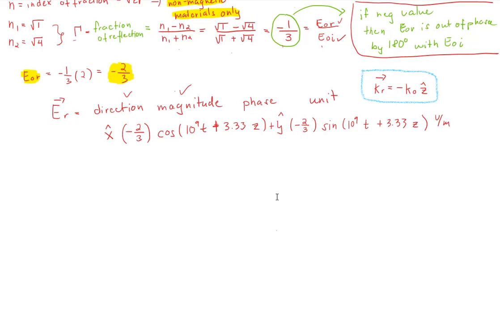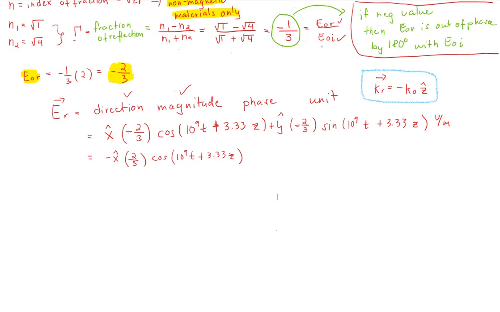Now let's just finalize this. So we have a negative sign here, so you can agree with me if I write it down this way, right? Cosine 10 to the 9 t plus 3.33 z.